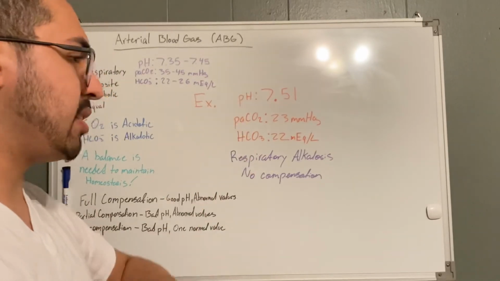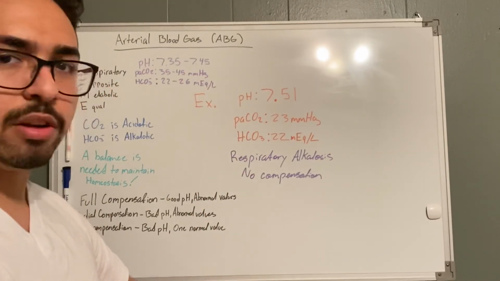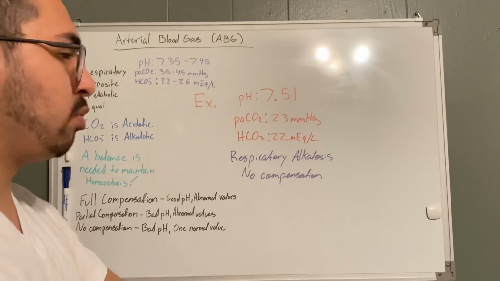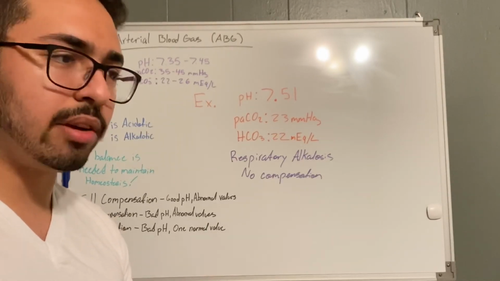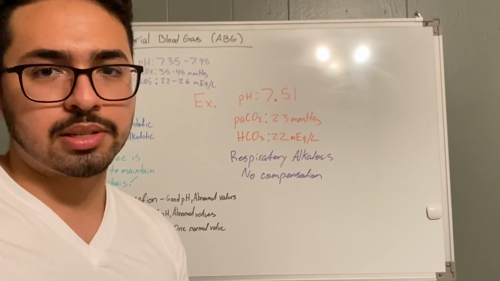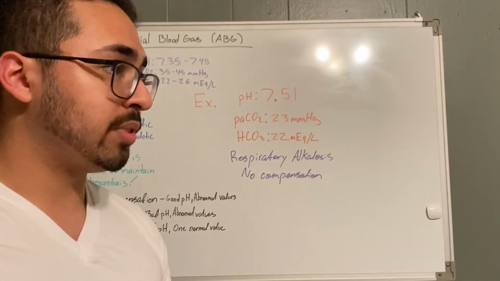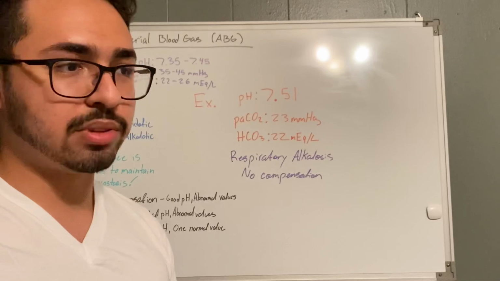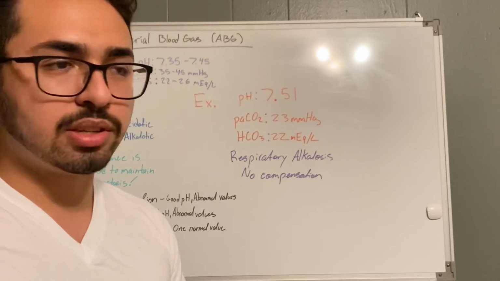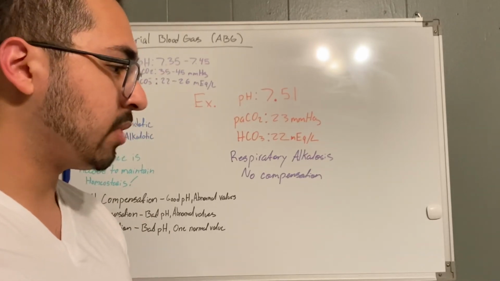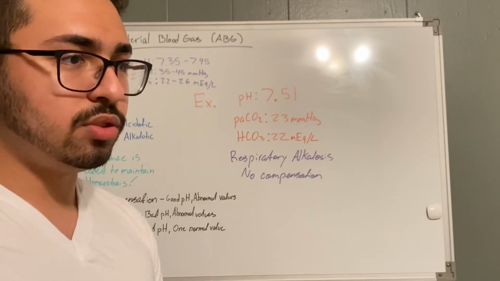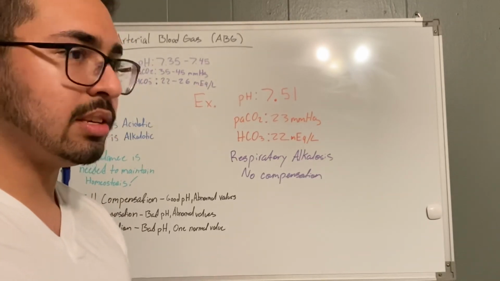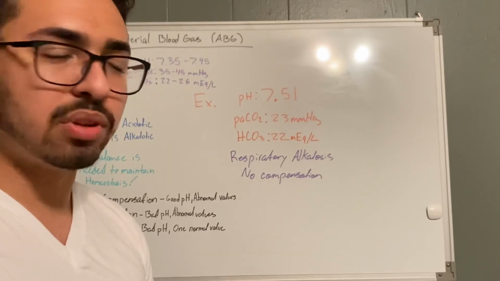And in the previous example, I didn't really talk about it, but in our previous example where we had metabolic acidosis, that patient was suffering from diabetic ketoacidosis. And that's a life-threatening issue that happens with diabetic patients where their body's producing too many ketones and it's leading to an acidotic state in the blood.